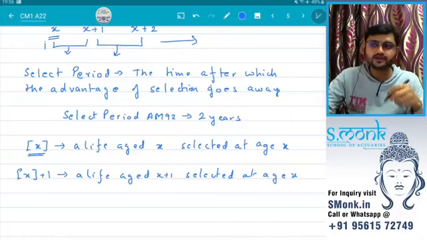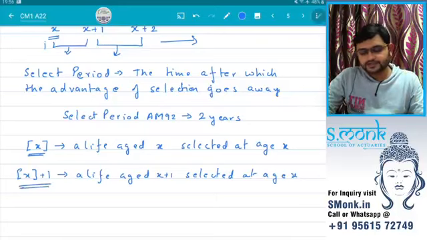The person is right now at age X, and exactly at that age the person was selected. Here we are saying the person is now at age X plus 1, but the person was selected 1 year ago. That means selected at age X.